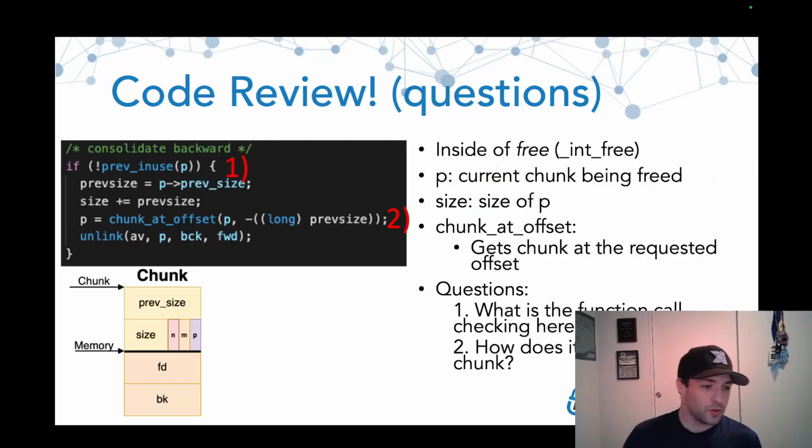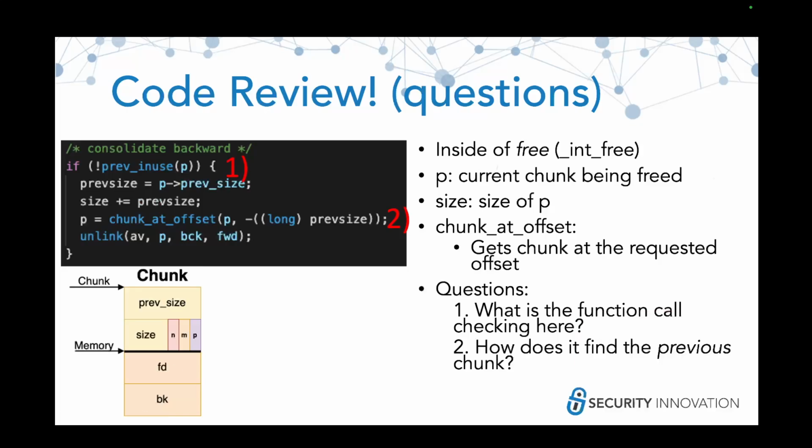So we have another code review question, and I need to remove my camera for a second. Cool. So this code is within free, which is noted as _int_free in the malloc source code. Here we have p, which is the current chunk being freed.